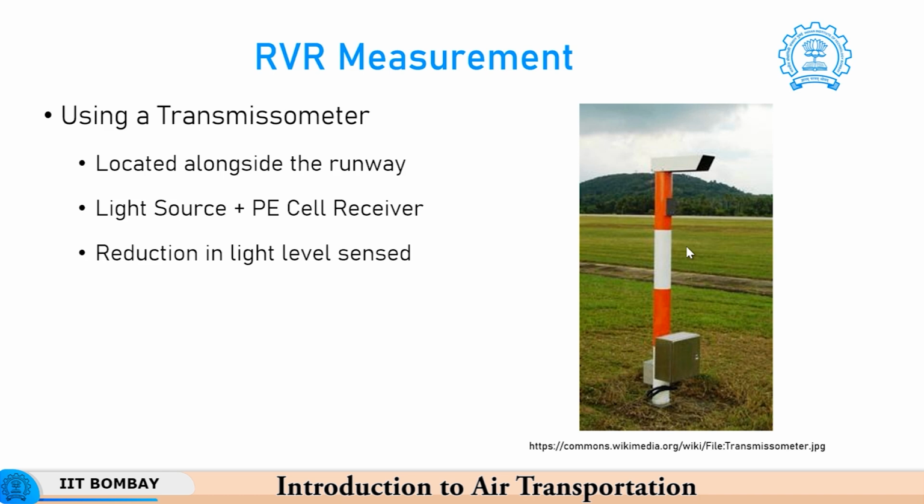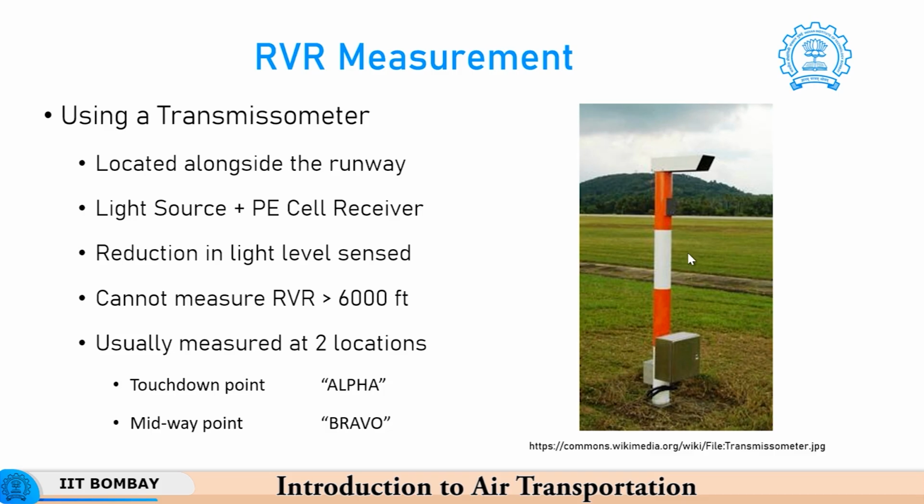What it does is it senses the reduction in the light level as it travels. Such an instrument has a range of only 6000 feet, but that is good enough for landing, because seldom will you need a runway length of more than 6000 feet to ensure sufficient visibility.